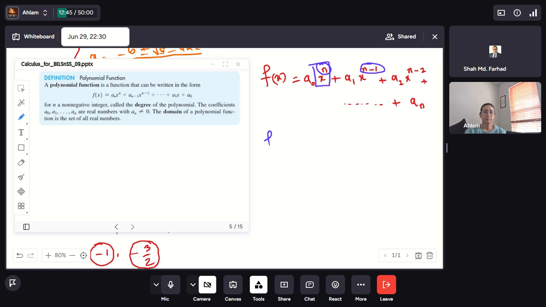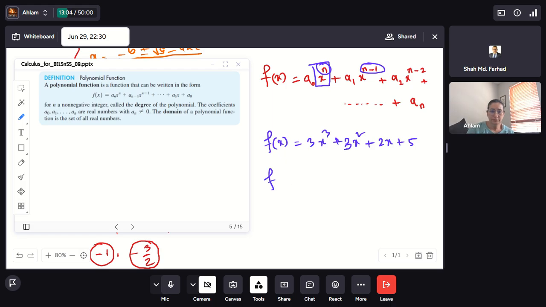That means we can say f of x equals 3x cubed plus 3x squared plus 2x plus 5. This is a polynomial function.